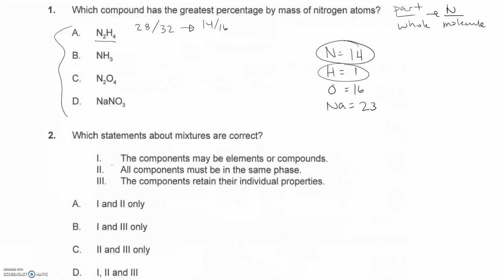Let's look at the ammonia now, NH3. That's just 1 nitrogen, so 14 divided by the whole, 17. And then I take a look at dinitrogen tetroxide. The part is the 28 again, which I calculated up here for N2, divided by the whole, I've got the 28 plus 4 times 16, so I end up with a mass of 60 grams per mole.